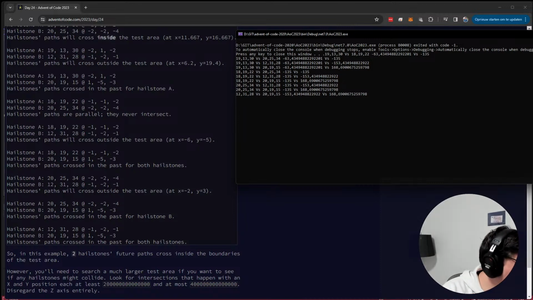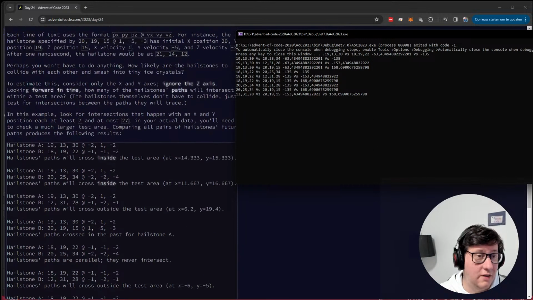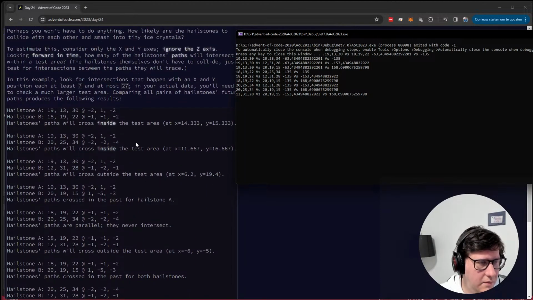Luke says, isn't the solution to get the start XY and end XY for each hailstone, and where there is overlap, they intersected? Yeah, I tried to do that, but I got tripped up in my mind.